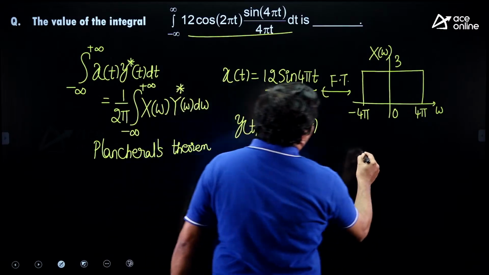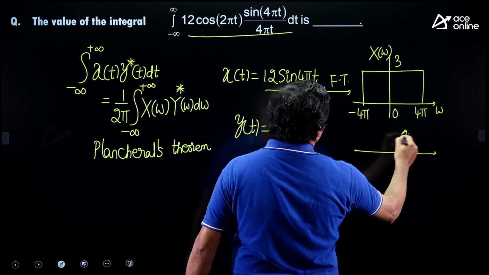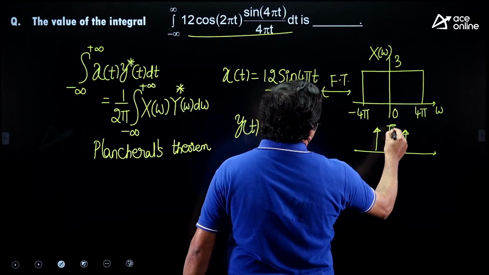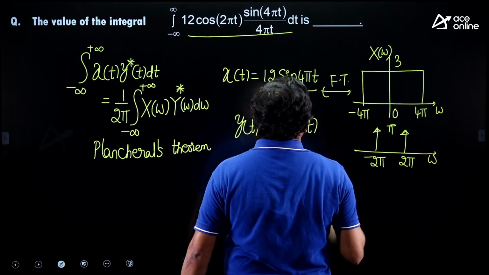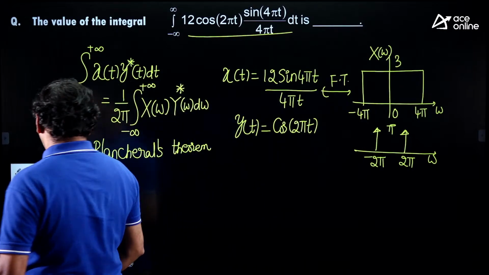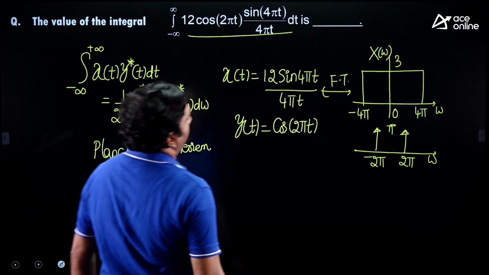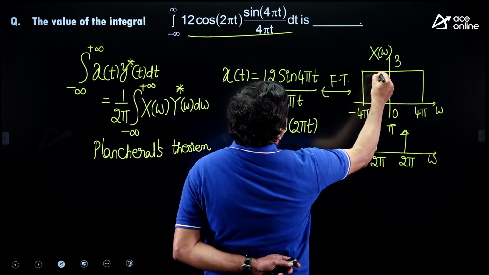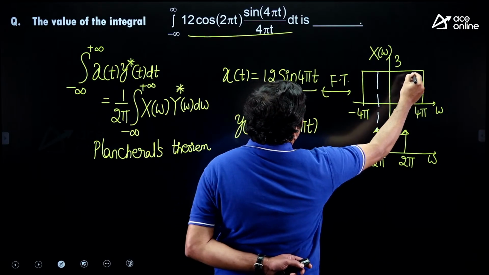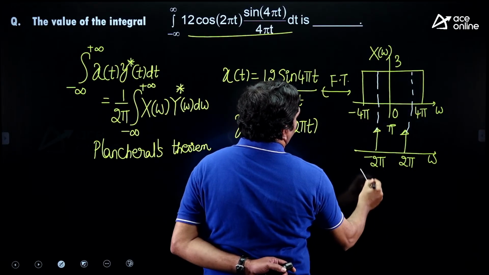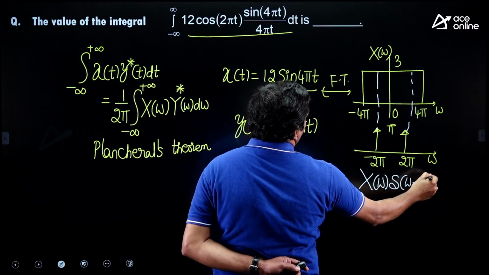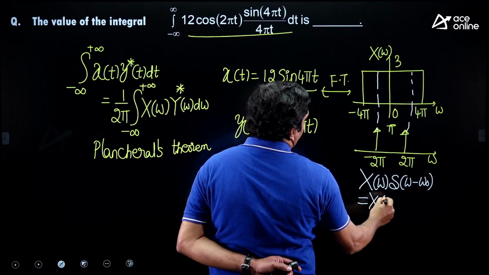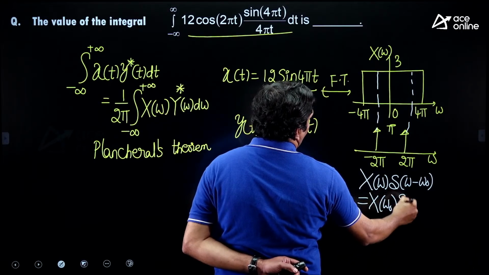The cos function will have a spectrum as two shifted impulses. When you are multiplying these two spectrums, we need to use the product property of impulse. What is that? X of omega into delta of omega minus omega naught equals x of omega naught into delta of omega minus omega naught.